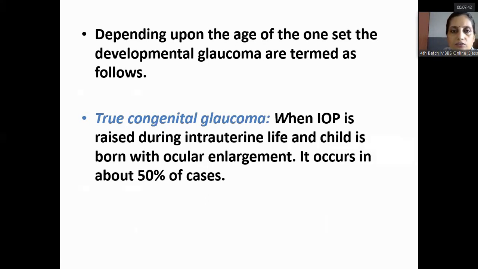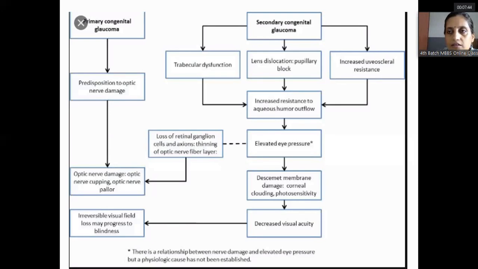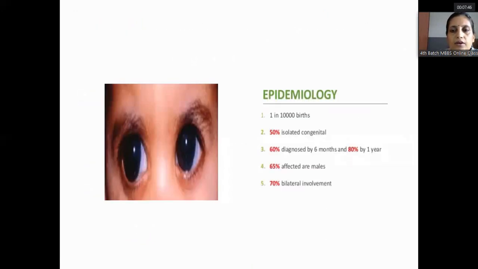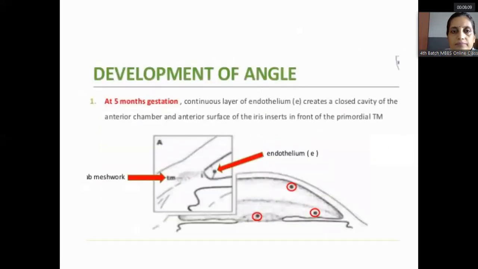True congenital glaucoma is primary congenital glaucoma. It is present in 1 in 10,000 births, and 50% are isolated congenital glaucoma, and 60% are diagnosed by 6 months and 80% by 1 year. 65% of those affected are male and 70% have bilateral involvement. So this is about true congenital glaucoma.